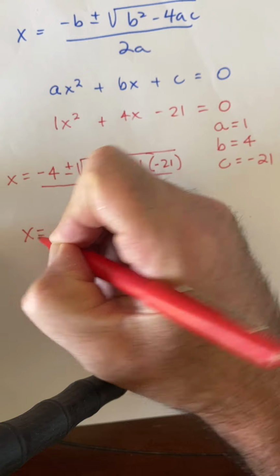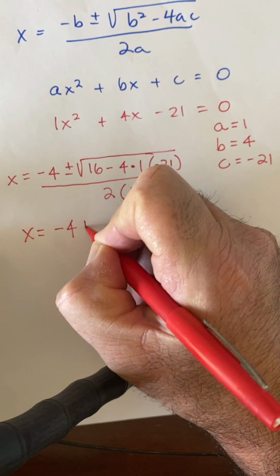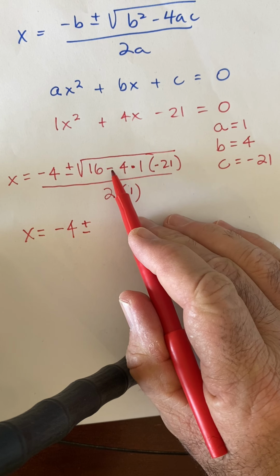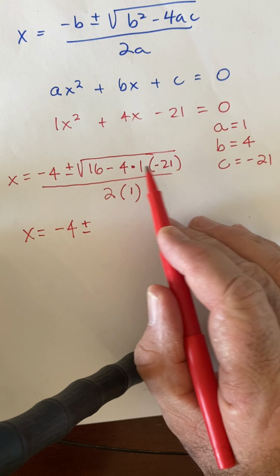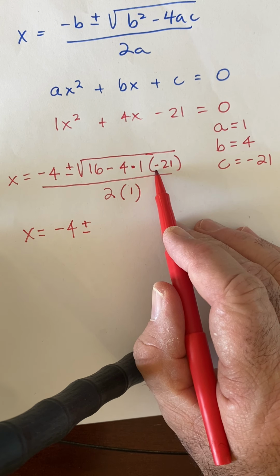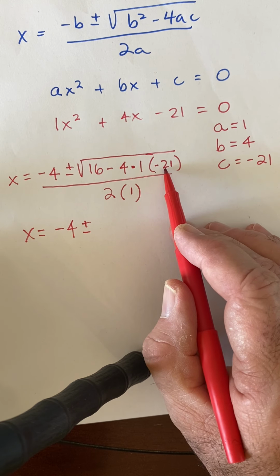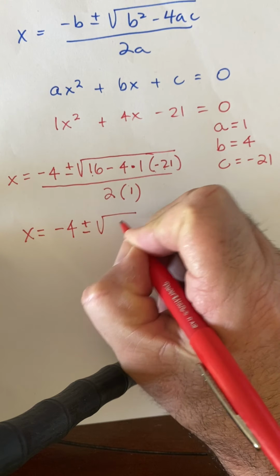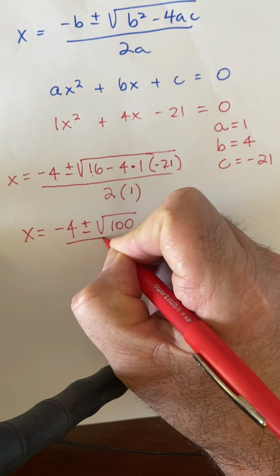Now, simplifying, negative 4 plus or minus. So now 16, well, negative 4 times negative 21 is positive 84. And 16 plus 84 is 100.